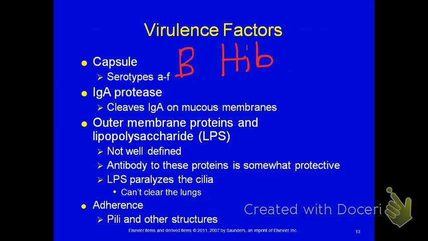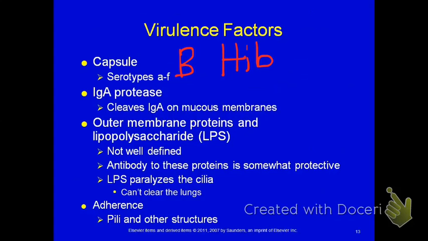Then of course, the IgA protease could cleave IgA in the mucous membrane. That's the reason why the majority of them are found in the mucous membrane. Others would include the lipopolysaccharide, though it is not well defined, and antibody to this protein is somewhat protective. The LPS has the capability of paralyzing the cilia in the lungs.